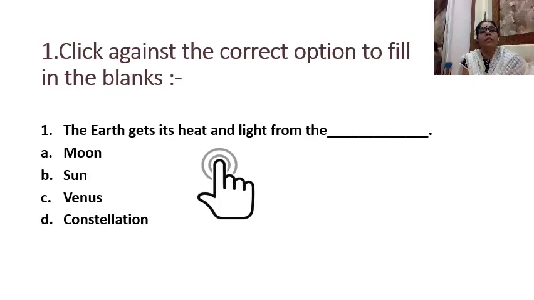So, let us begin to solve the sample paper. Click against the correct option to fill in the blanks. The earth gets its heat and light from the... You have to read all the options, children. Moon, sun, Venus, constellation. Which is the correct option? Sun. Sun is the correct option. So what do you have to do, children?